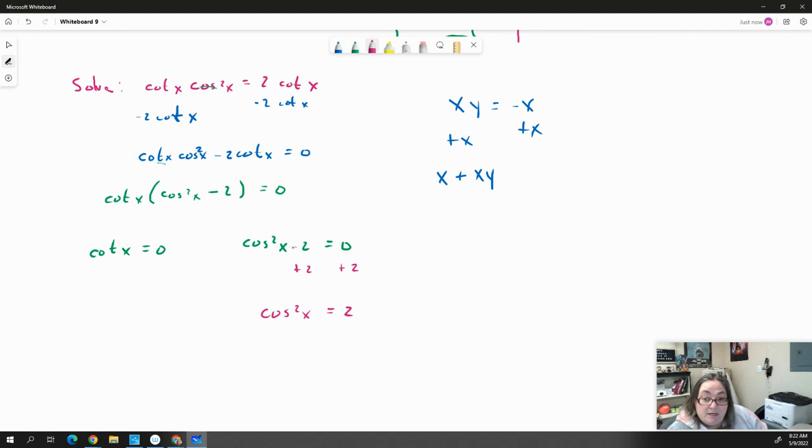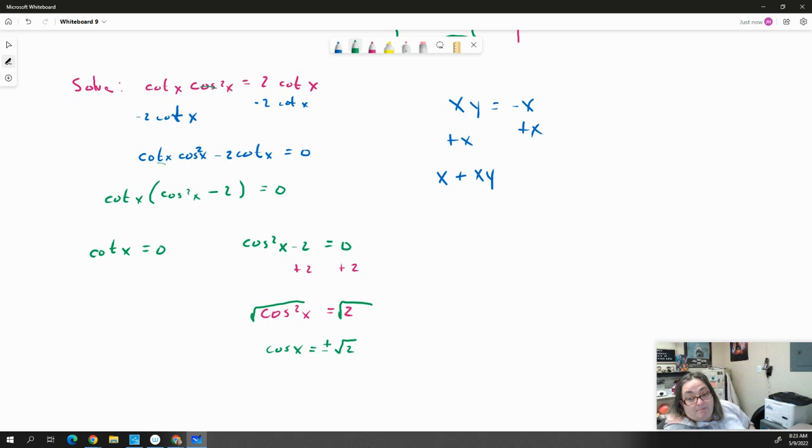Then, as Moises pointed out earlier with the tangent problem we were doing, we have to take the square root of each side. And we wind up with cosine of x equals plus or minus radical 2.